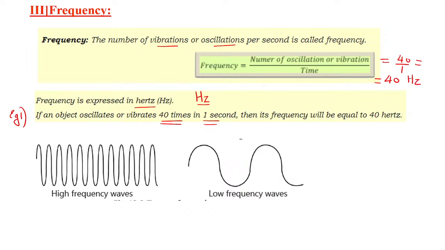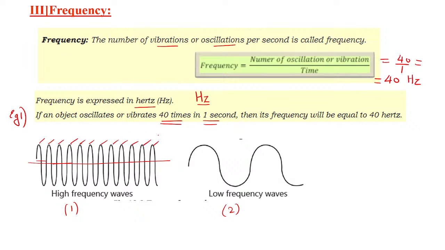Now, what is this frequency? I have shown two pictures. For picture 1, I have written high frequency, and picture 2 low frequency. Can you look at the wave pattern? If I draw the mean position, can you look at the number of crests and troughs? Let me count the number of crests. 1, 2, 3, 4, 5, 6, 7, 8, 9, 10, 11, 12.